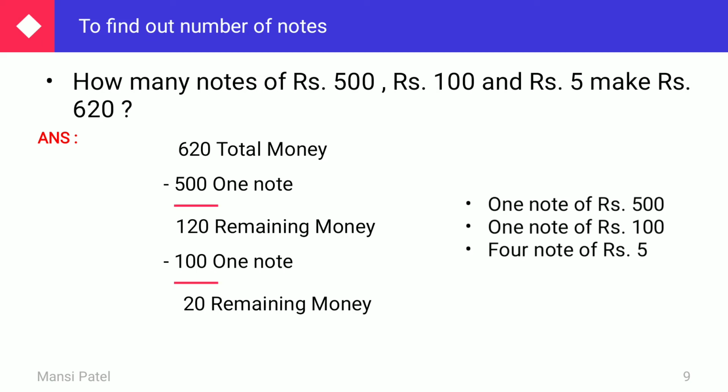So we are using 4 notes of rupees 5 to make rupees 20, and these are all the different types of notes and the number of notes to make 620 rupees.